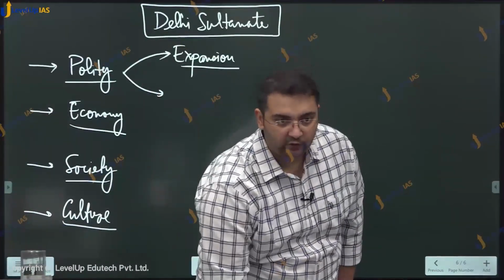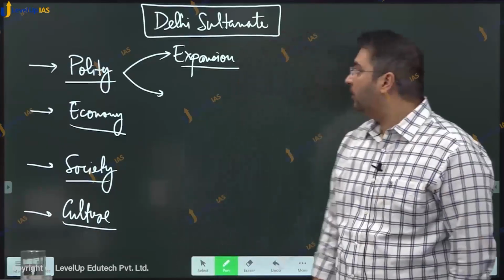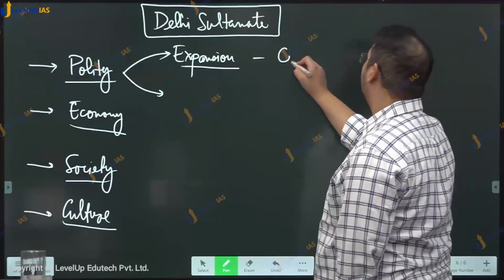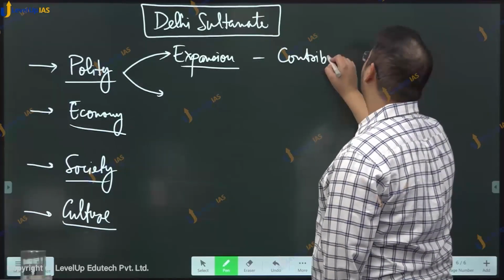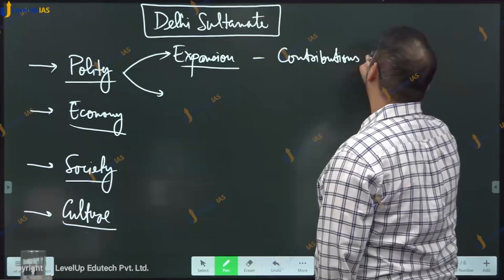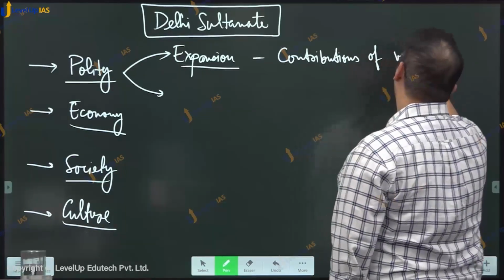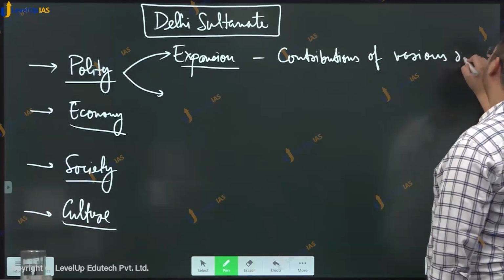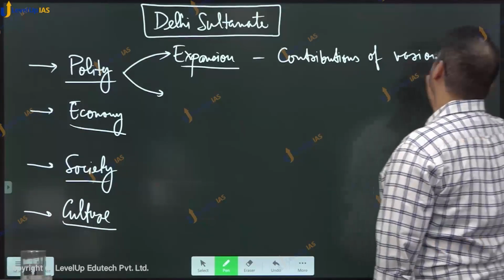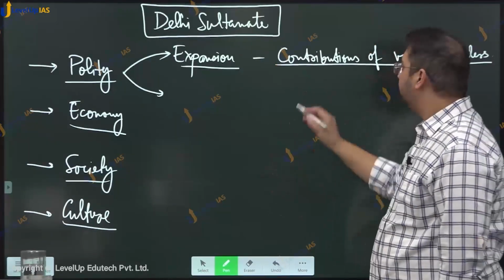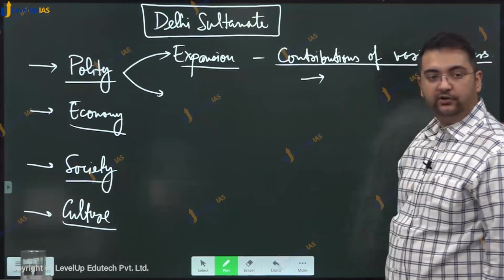Through the lens of chronological development and the contributions of various rulers, right? In this कुछ important rulers आते हैं.